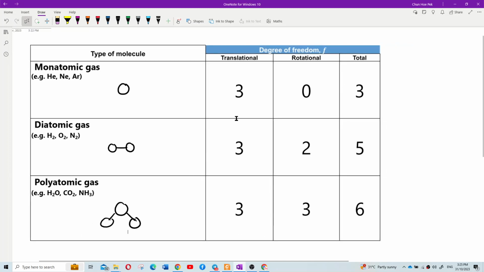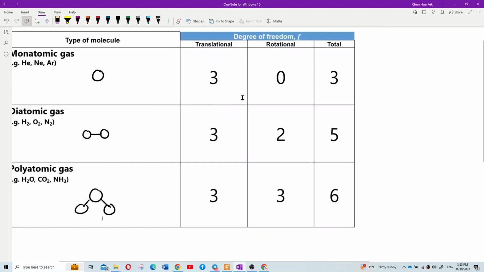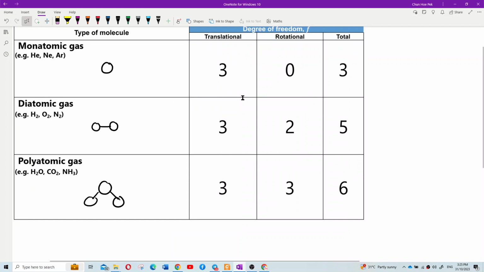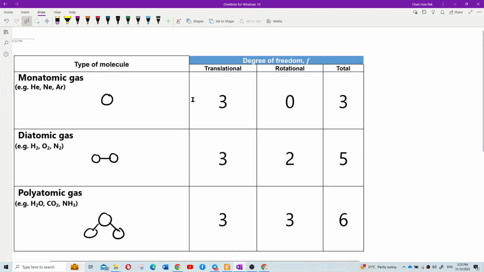Okay, so degrees of freedom. Translational motion: we know that all gas particles can move left, right, up, down, and forward, backward. Let's consider monoatomic first.